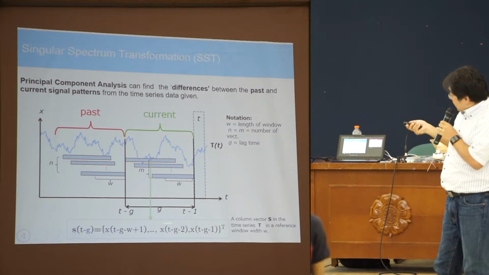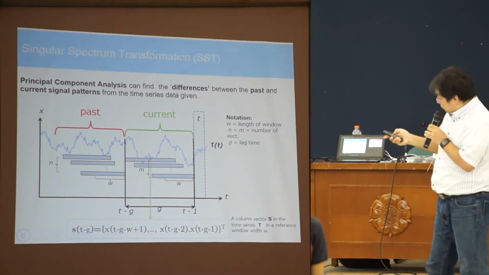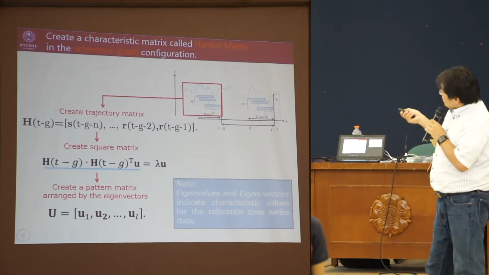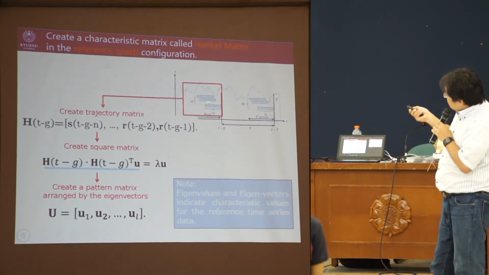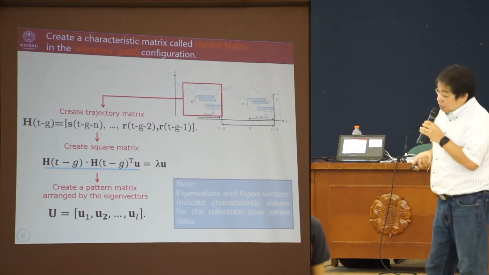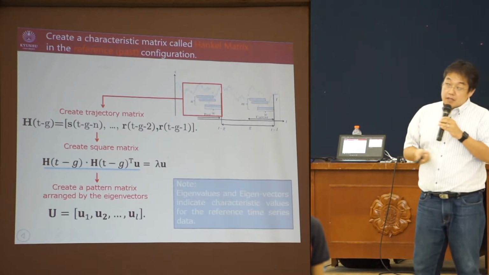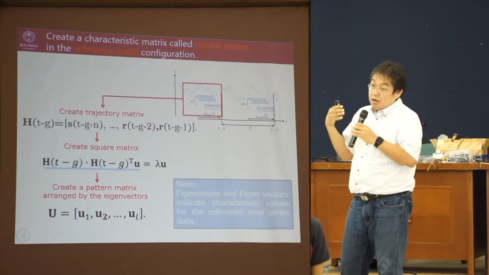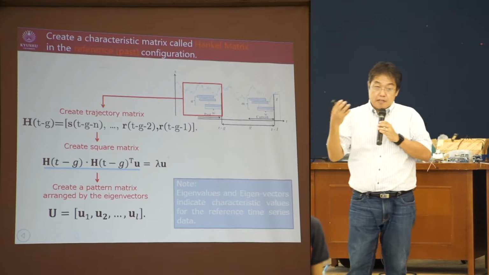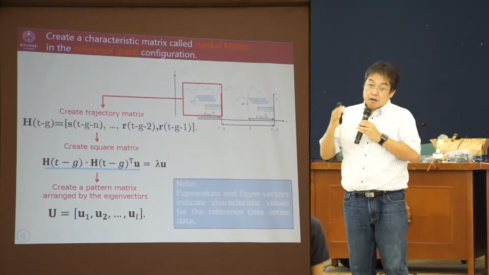This is the column vector like that. So first column vector is here, second column vector is here. So this H is a rectangular matrix, and this rectangular matrix has the information of this time series data.